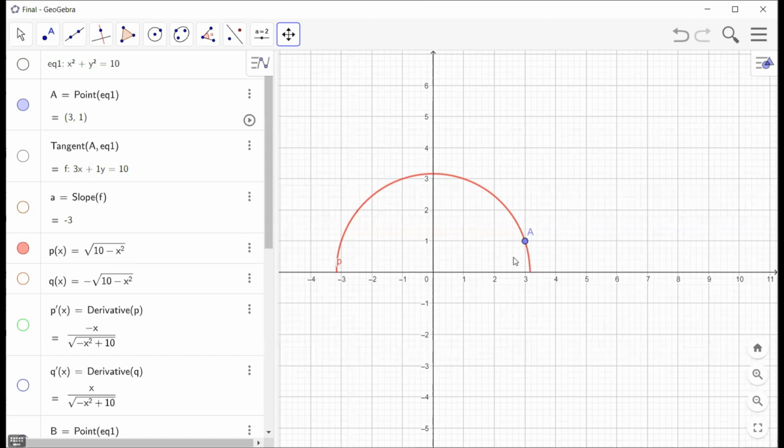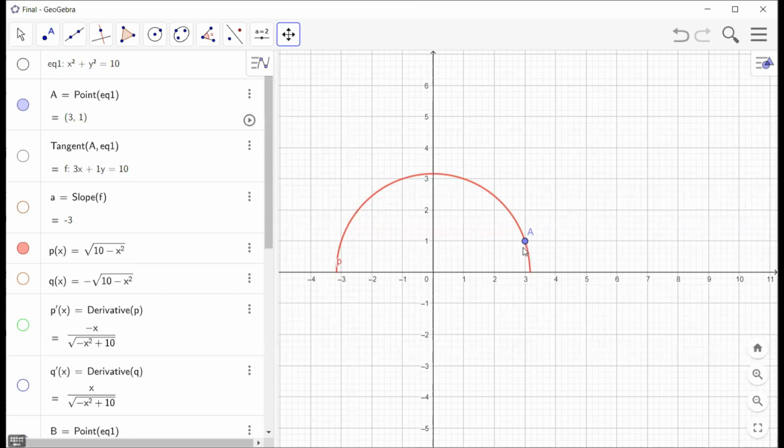So we will discuss 4 methods for getting the slope of the tangent at this point by using 4 visual methods.